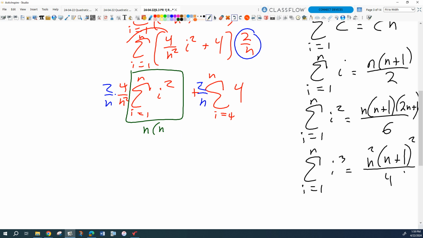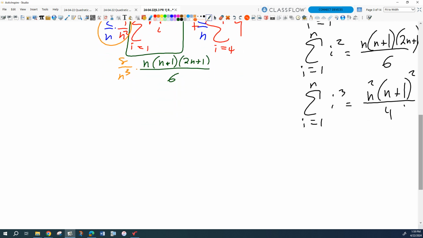So n times n plus 1 times 2n plus 1 over 6 times 8 over n cubed, right? Okay. If I multiply all that stuff out, if I FOIL that, I'm going to get 2n squared plus 3n plus 1 times another n, right? Which just increases the powers by 1.